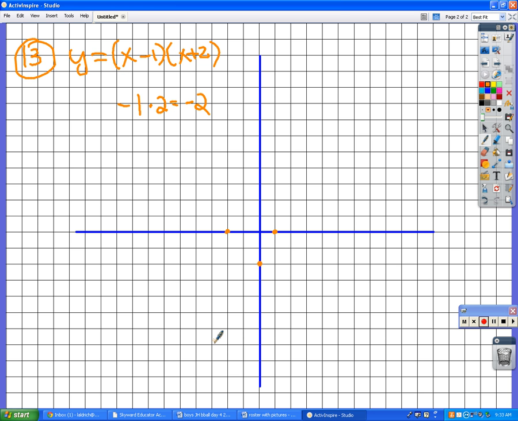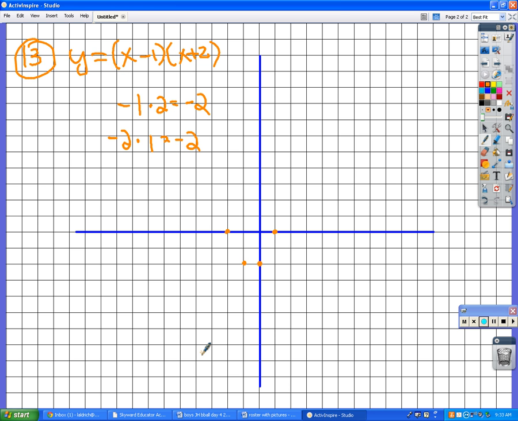What's the other number I need to check? -1. So when I plug -1 into here for x, what do I get? -2. And when I plug -1 into here for x, what do I get? 1. And coincidentally, what's -2 times 1? -2 again. So when x is -1, y is -2.